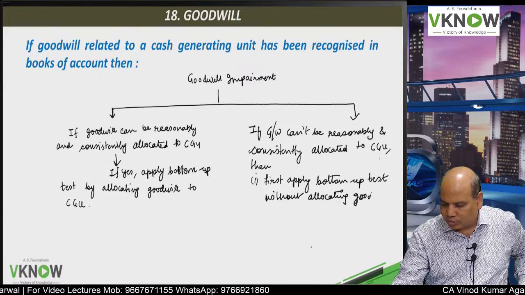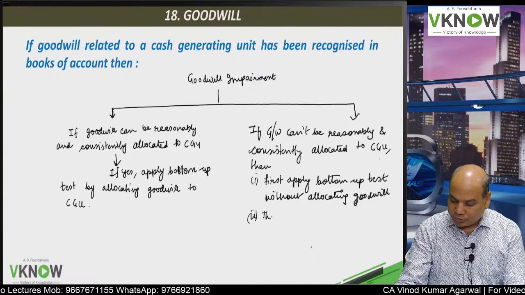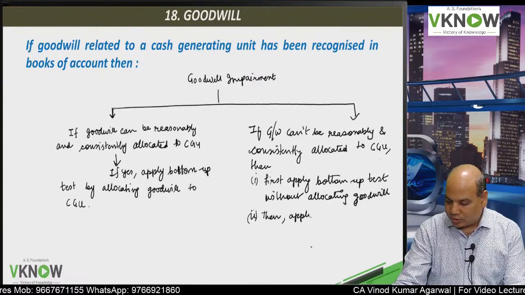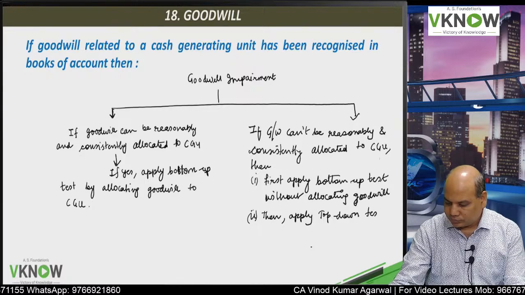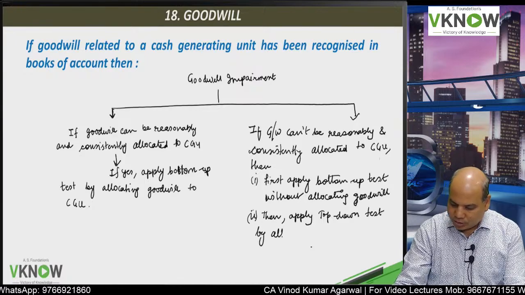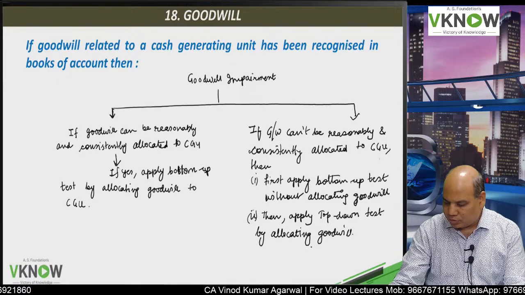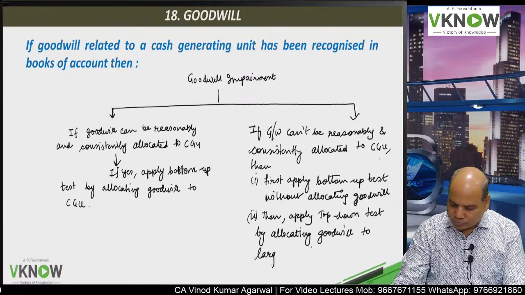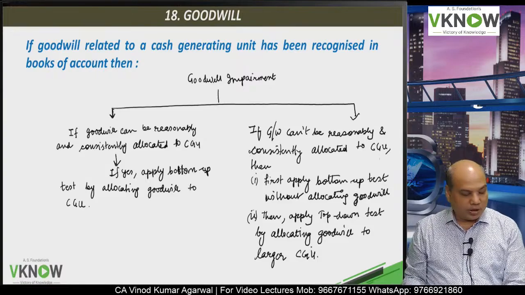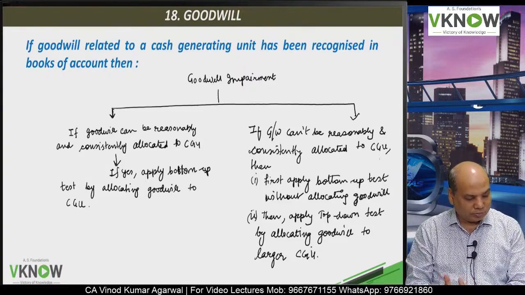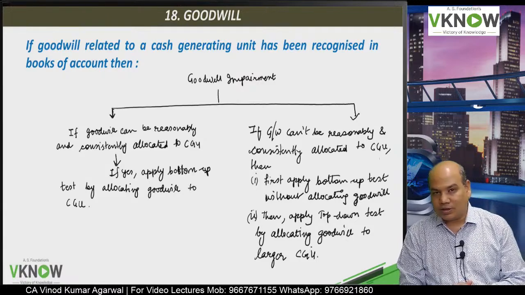That means, without allocating goodwill, test the CGU for impairment. And second, then apply top-down test by allocating goodwill to larger CGU. So first you apply bottom-up test if goodwill can be allocated reasonably and consistently.